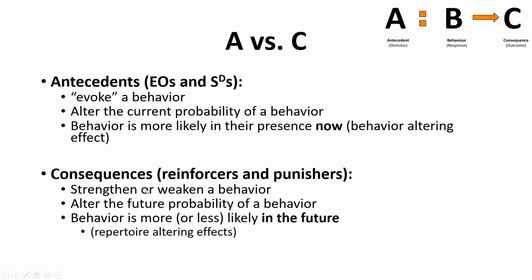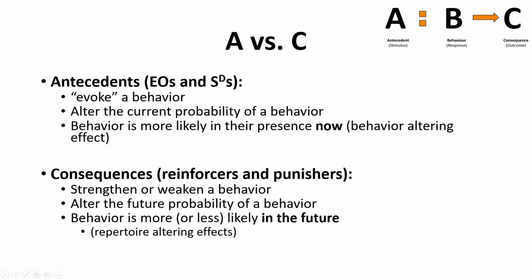But all of this also applies to weakening a behavior or making a behavior less likely to occur. I just find that explaining being able to move it in either direction right off the bat a little bit more confusing. So we talk about strengthening first until we have a better grasp on the concepts, but now that we kind of have it under our belts, we can talk about strengthening or weakening a behavior.